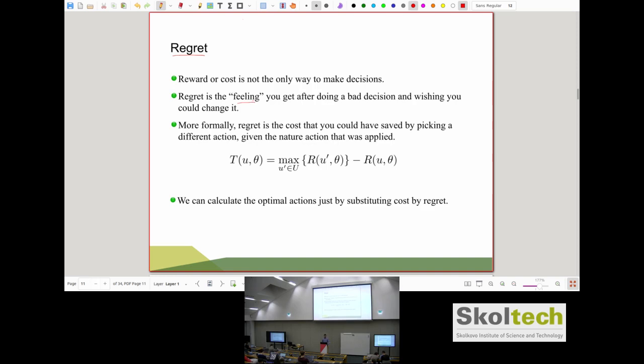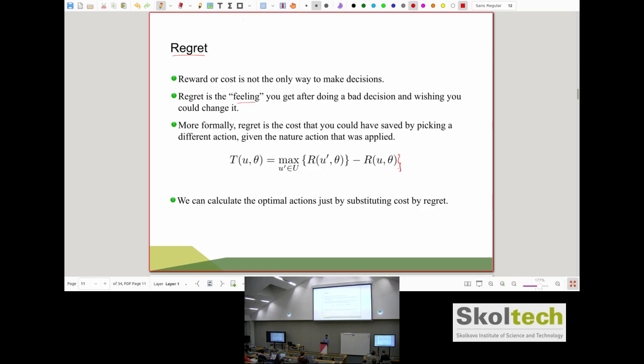For instance, what is the regret of buying a lottery ticket and not winning it? A lot, lots of millions. But for some problems, it makes sense. For others, it depends a little bit.